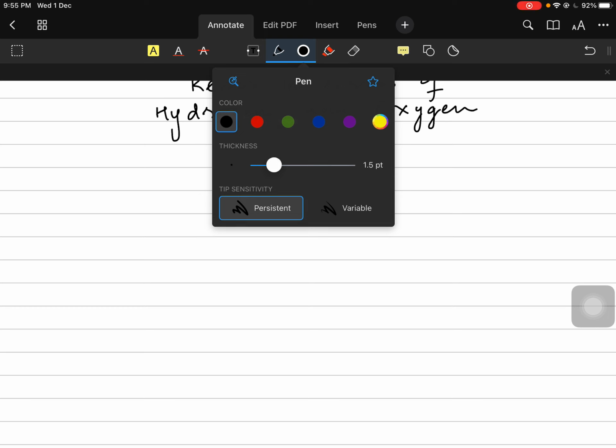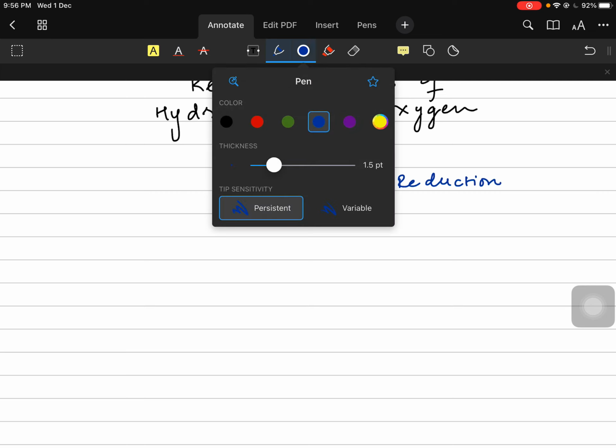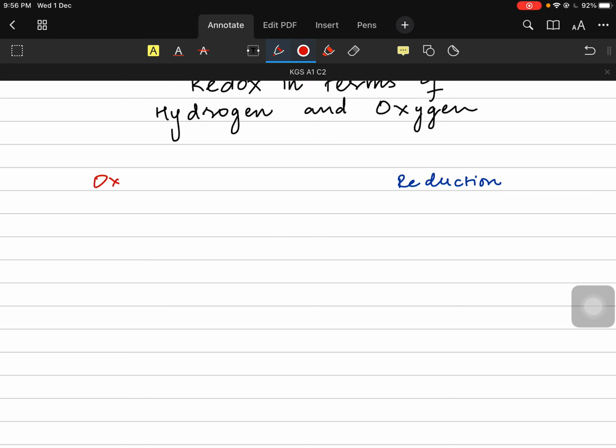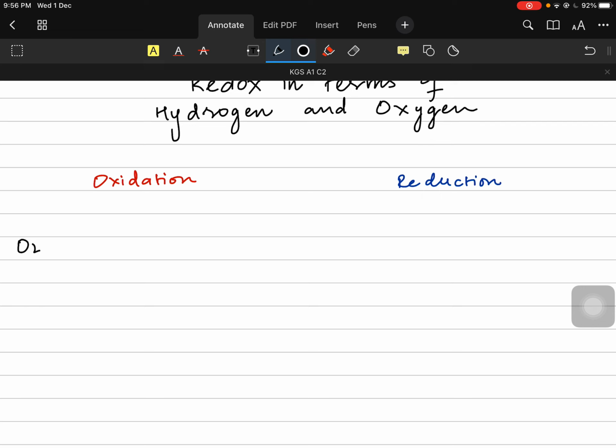So we have reduction and we have oxidation, and both can be described in terms of hydrogen and oxygen. Let's first talk about oxygen, which is normally O2, or perhaps can be written as a single oxygen as well. As the name implies, oxidation is basically gain of oxygen, or you can say reaction with oxygen.